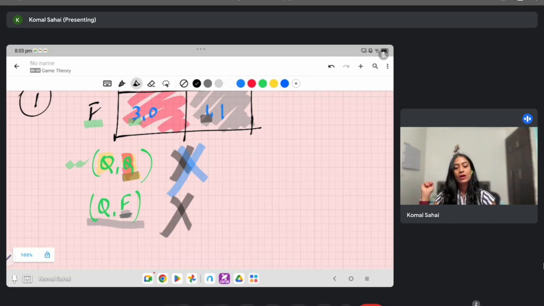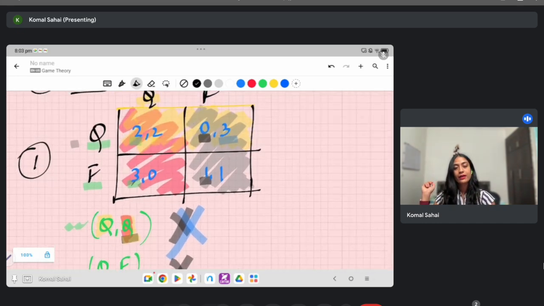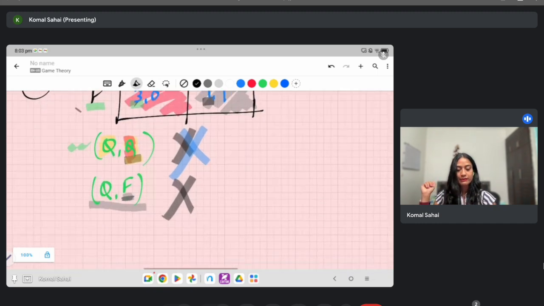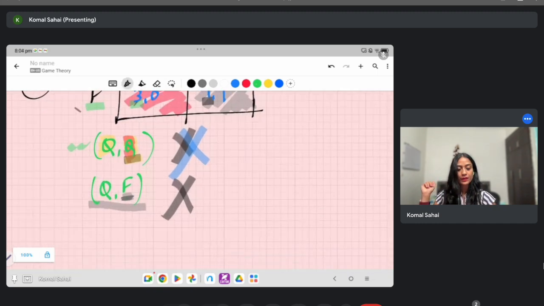Symmetric argument होगा when you have this, when you have think and quiet. क्योंकि इस case में if player 1 is thinking, right, then it's better for player 2 to also think, right? जो argument player 1 के case में apply हुआ वो player 2 के case में भी apply होगा, right? So even your think and quiet does not qualify.